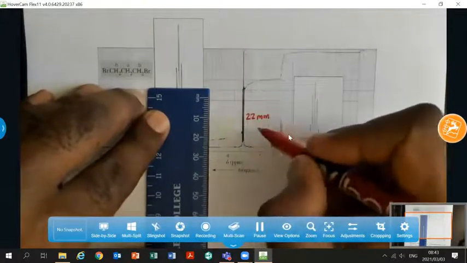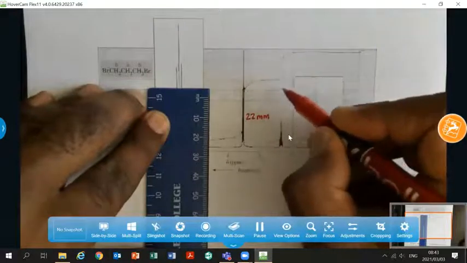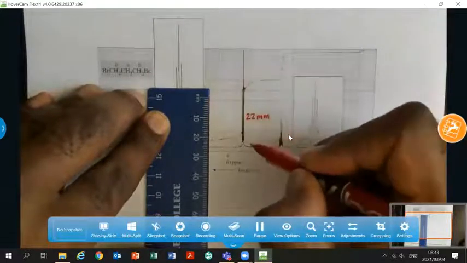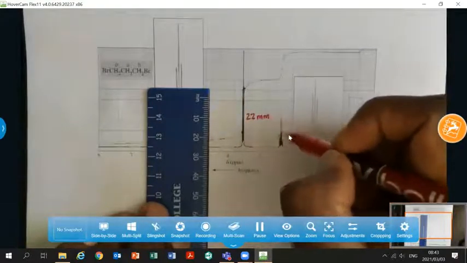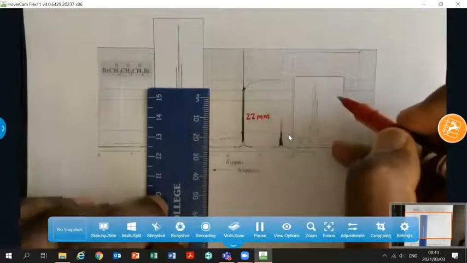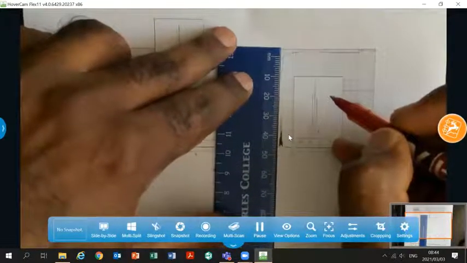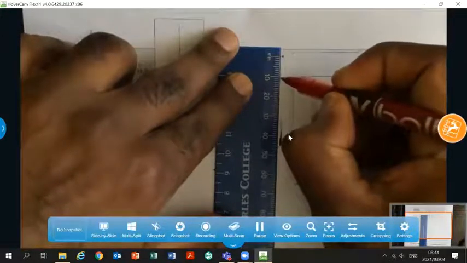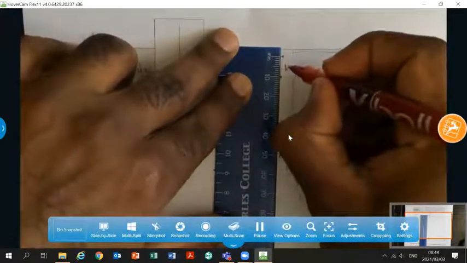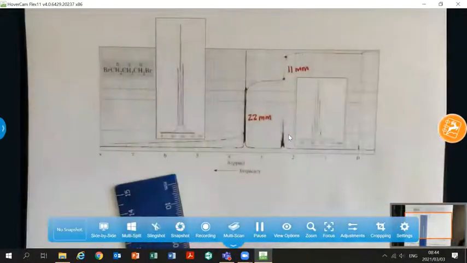And I want to see what ratio this integral has in relation to this integral here, because that will tell me the number of protons that this signal has relative to this particular signal. So I take my ruler again and I measure this particular integral. From the top to the bottom, that gives me 11 millimeters.